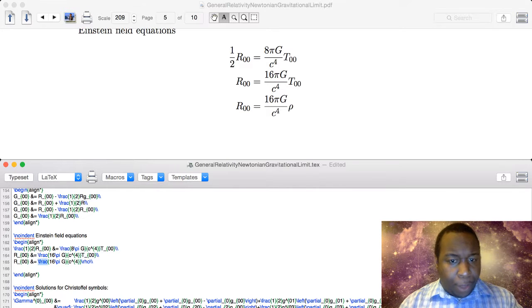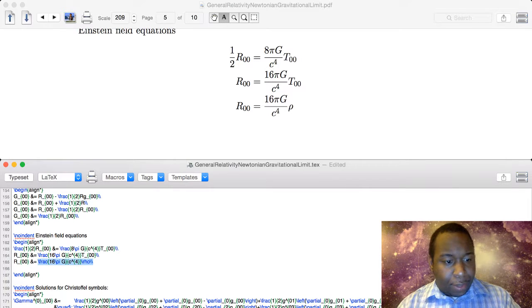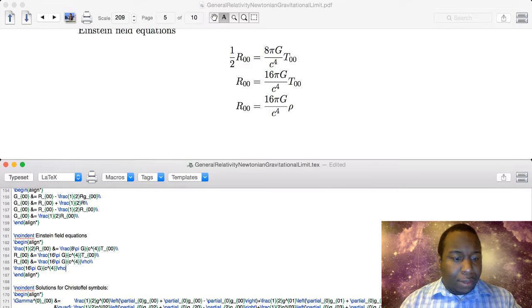So that this works out neatly, I'm going to copy this and move that there. Better yet, I'm trying to think of the best way of putting all this information together.